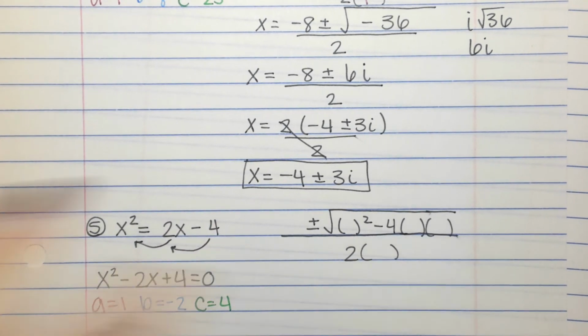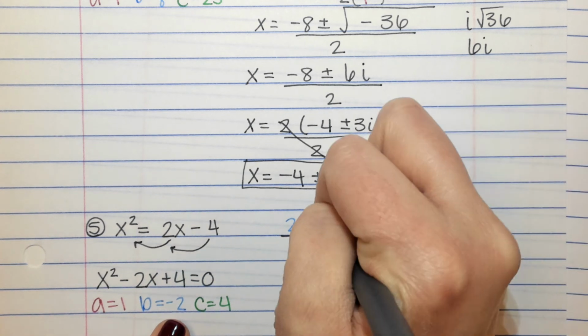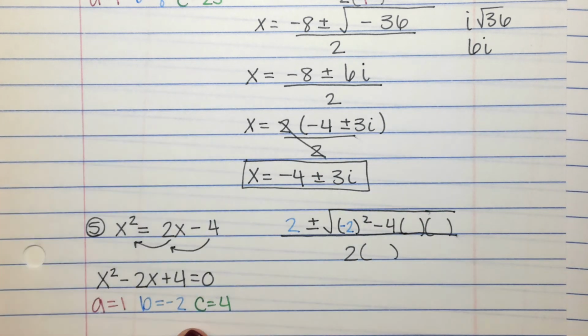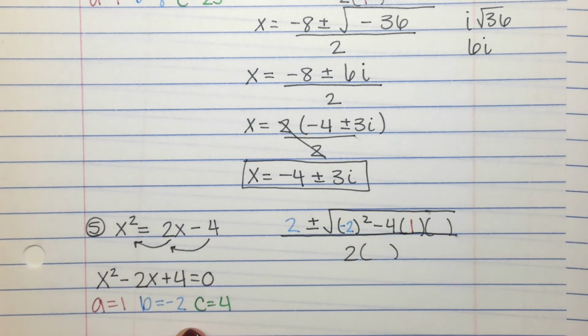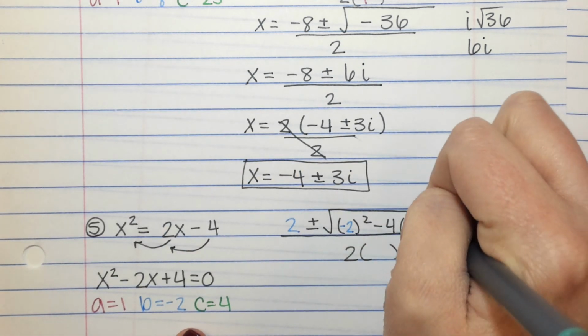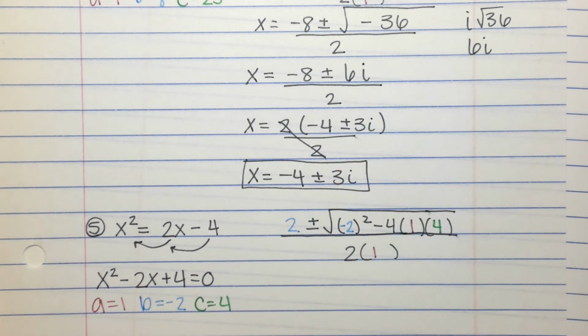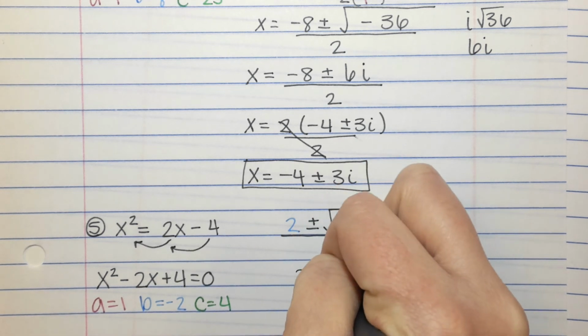Now, I'm going to plug those in. So the opposite of B, that's 2, plus or minus the square root of B squared, that's negative 2 squared, minus 4 times A times C, all over 2 times A. All right? So we've got 2 plus or minus the square root.